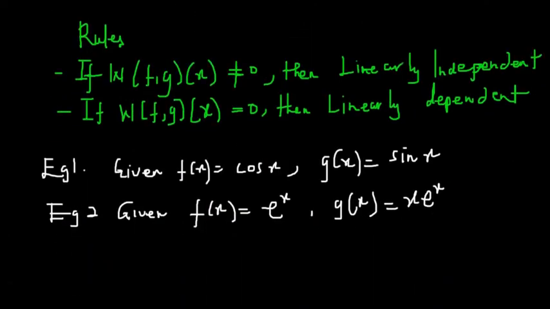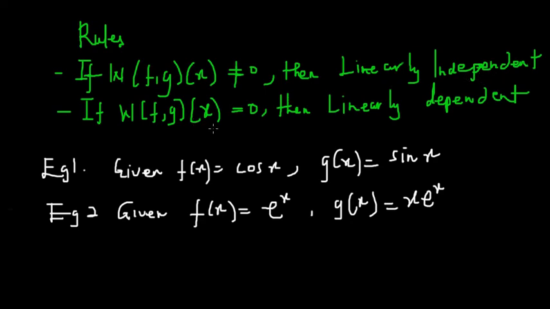Now let's proceed and look at the rules. In order to know that two functions are linearly independent, you take the determinant of the functions and their derivatives, and if your answer is not equal to 0, it means the functions are linearly independent.